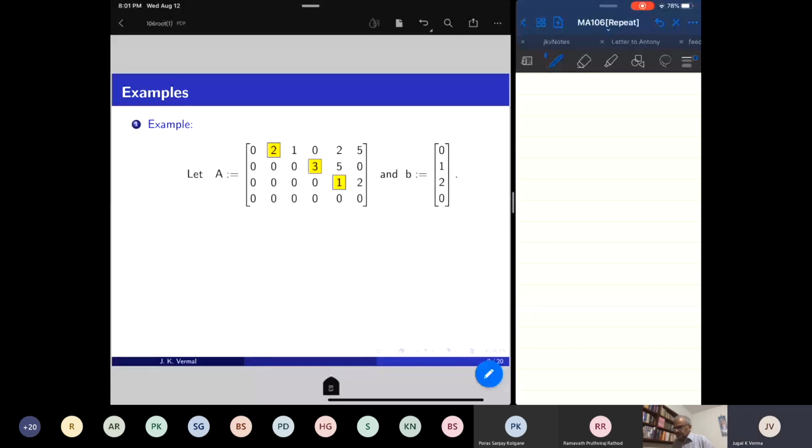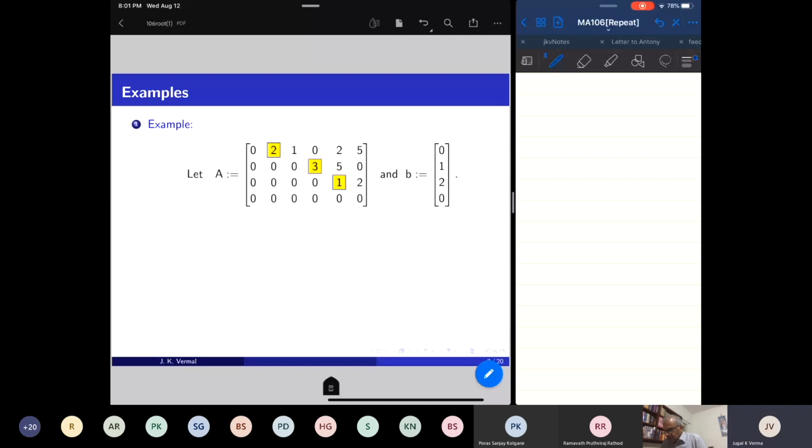There are several steps in finding all these solutions. We first find a particular solution. To find a particular solution, as I said, all the non-pivotal variables are set to 0, and then you determine the pivotal variables. That will give me a particular solution.